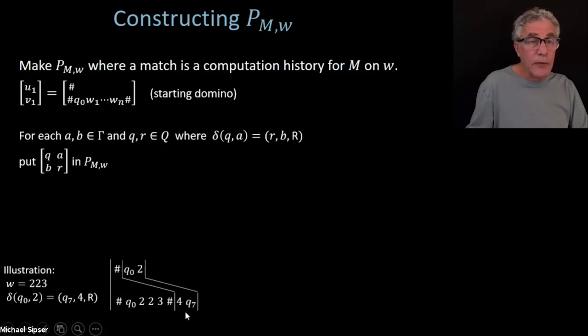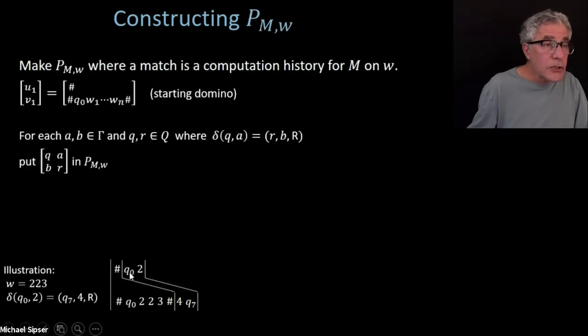So that's going to be the domino that I'm going to get, and here it is. Here's that domino appearing in the match. So it's going to match up with Q02, which don't forget the top string has to equal the bottom string. And this is going to be the only choice that I have for extending the match.